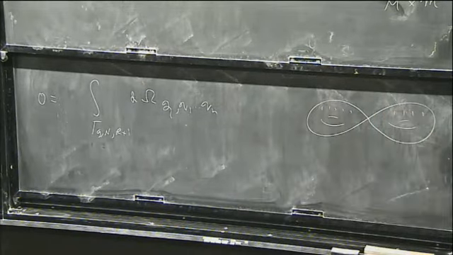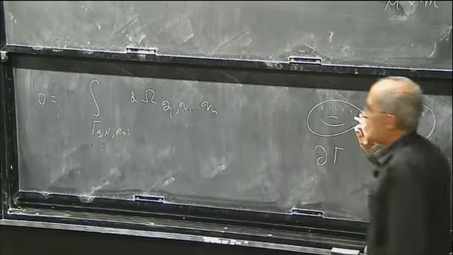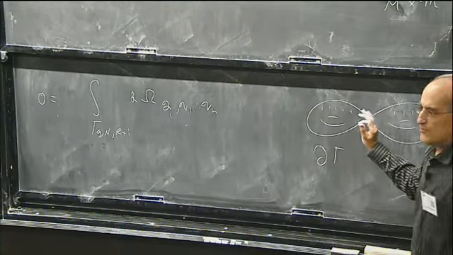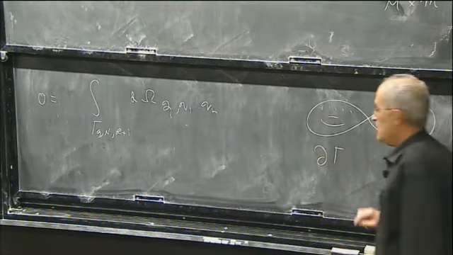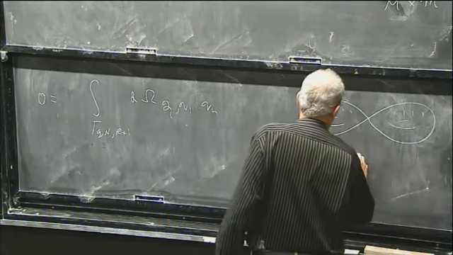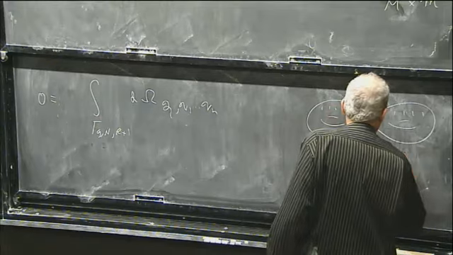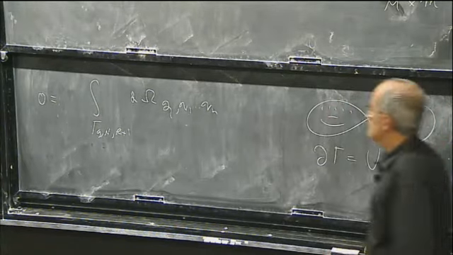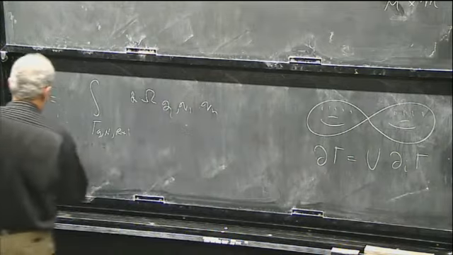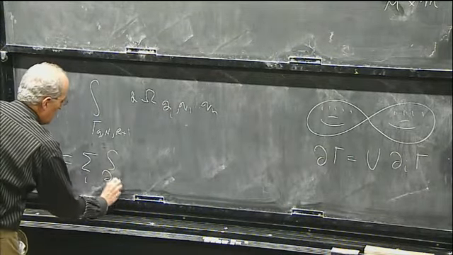So we cut off gamma slightly near each boundary component, which we do using some knowledge of what the boundary behavior looks like. Just schematically, we write the boundary as a union of boundary components that I'll call partial I of gamma. So then the formula we get is that 0 is the sum over all boundary components of the integral over partial I of gamma of this form.